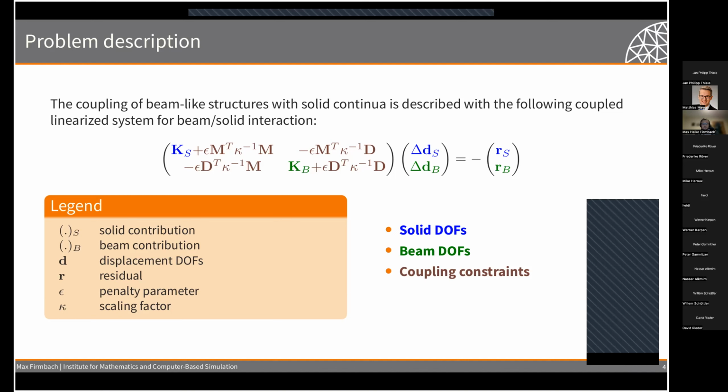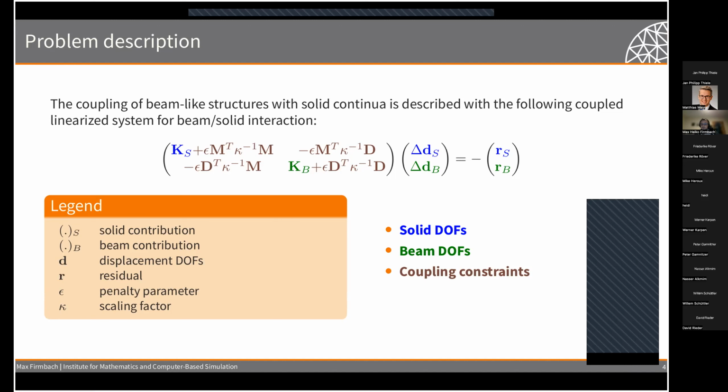Our coupling gets better, or at least more realistic, by increasing the penalty parameter. The problem is that by increasing the penalty parameter, we are also increasing the condition number of our system, and they are basically linearly dependent on each other.